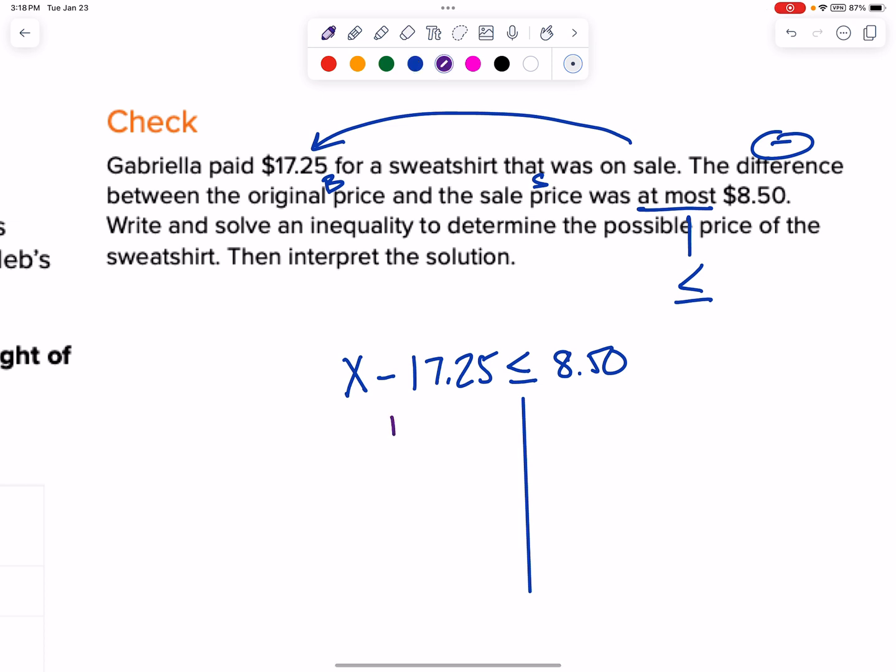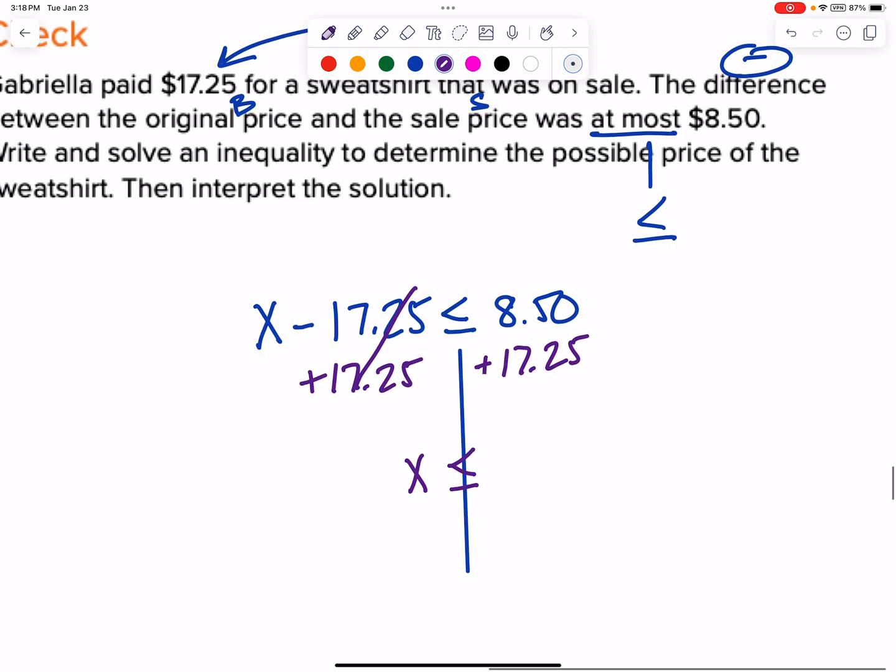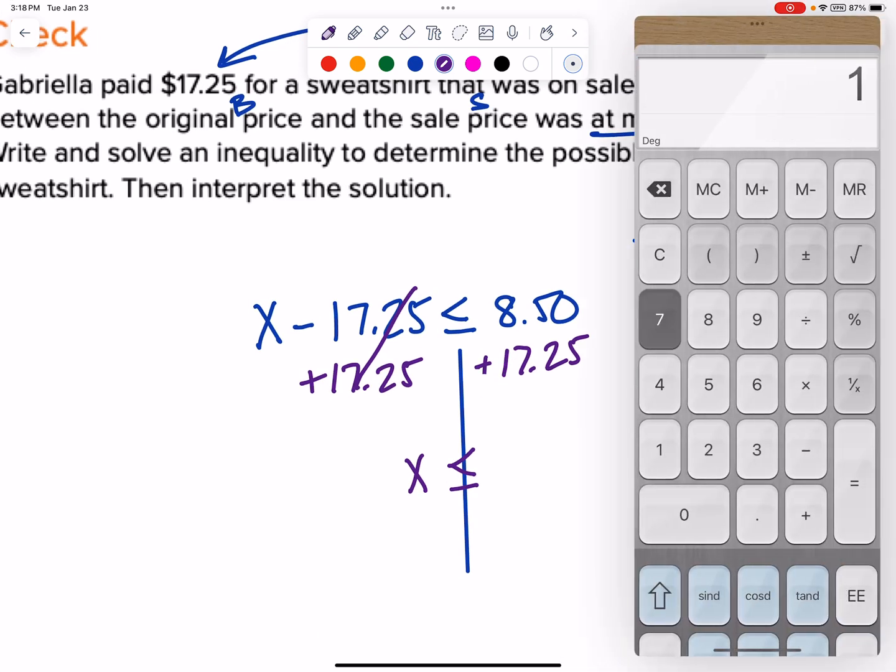And we need to isolate the variable. So add 17.25 to both sides. Okay, and we have x has to be less than or equal to, let's go ahead and add it up, 17.25 plus 8.50 equals 25.75.